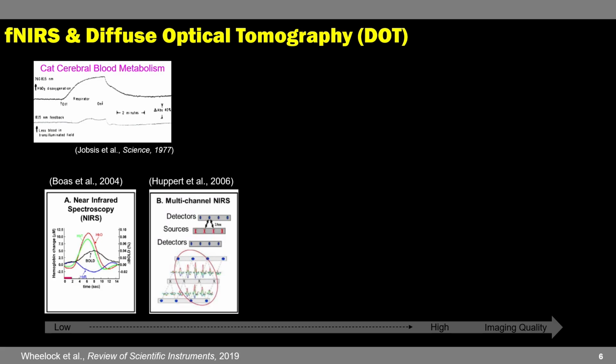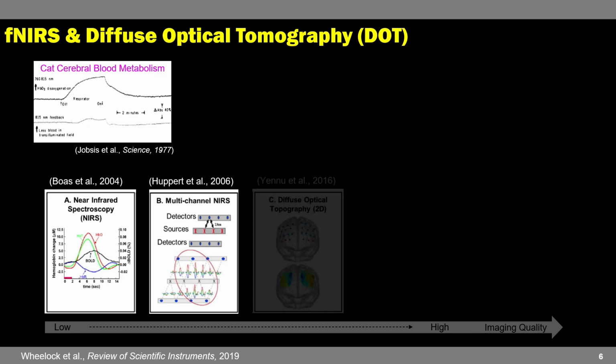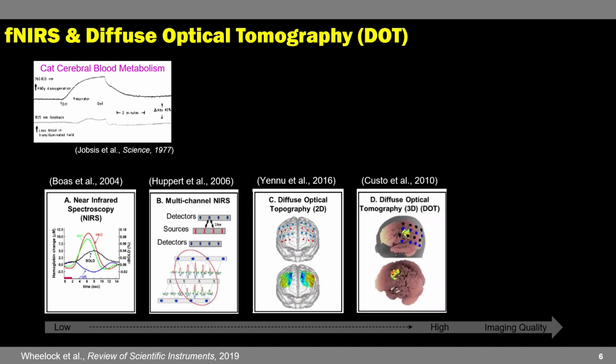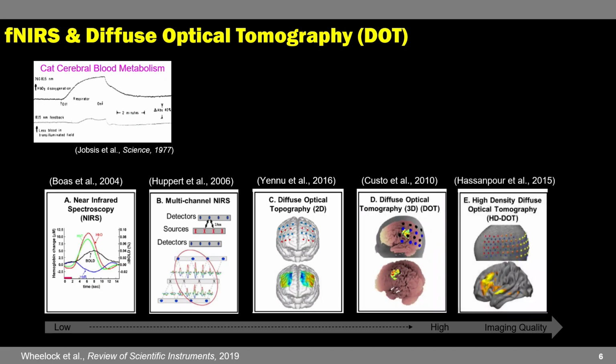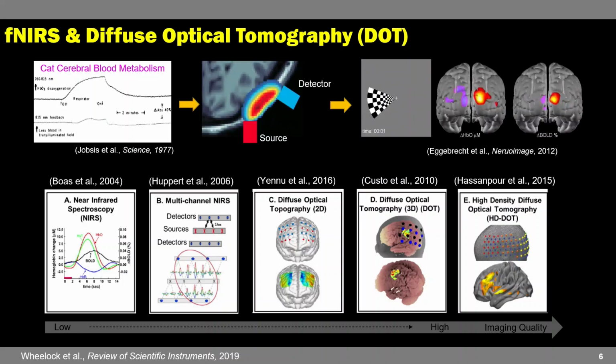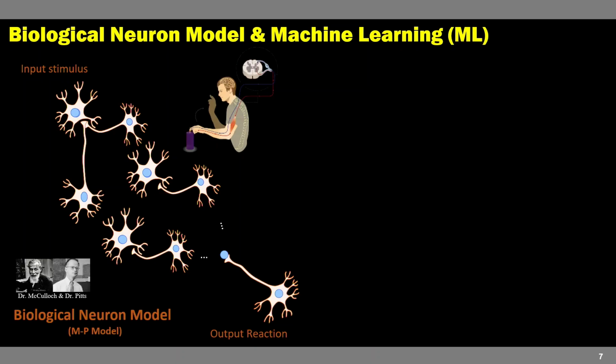Lately, we have been working on improving the spatial resolution with multiple-channel fNIRS, diffuse optical topography, diffuse optical tomography, and nowadays HD-DOT, high density diffuse optical tomography. So currently, we can develop image quality comparable to fMRI using HD-DOT.